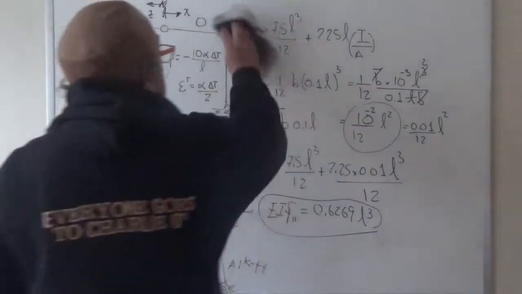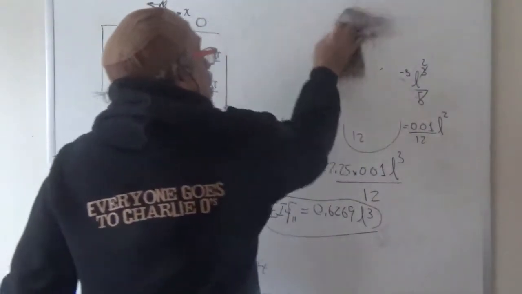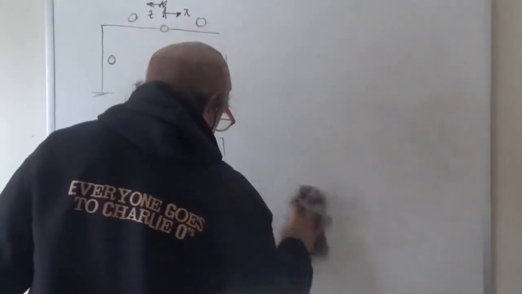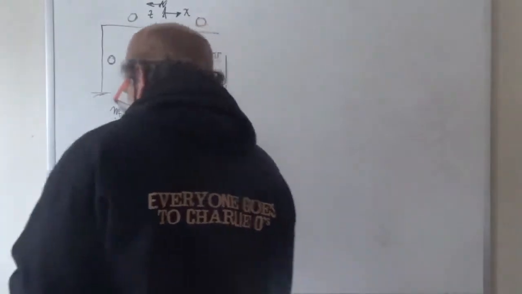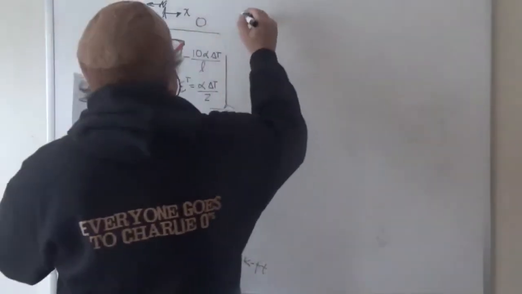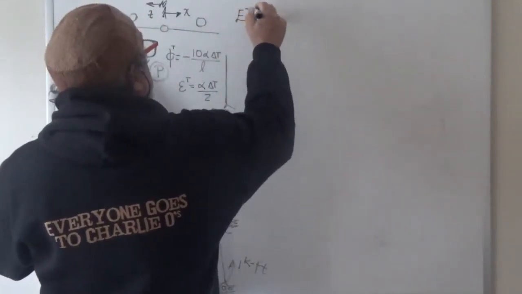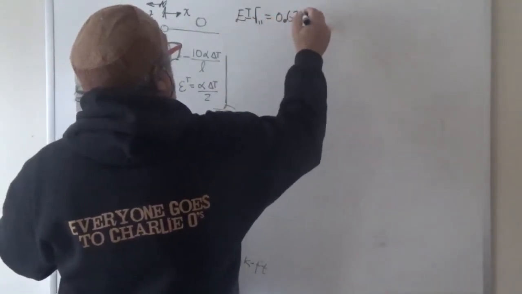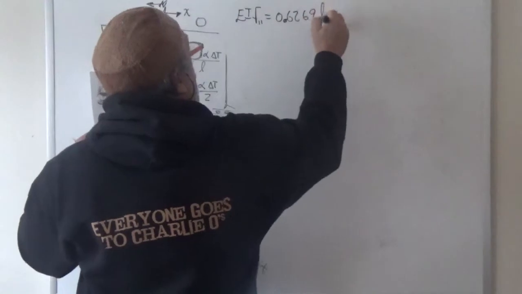You do the same thing for all the coefficients, and you will have to check me out, but this is what I get. I get EI times F11 is 0.6269 L cubed.